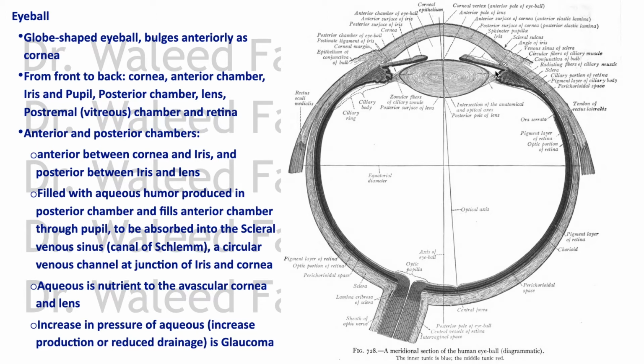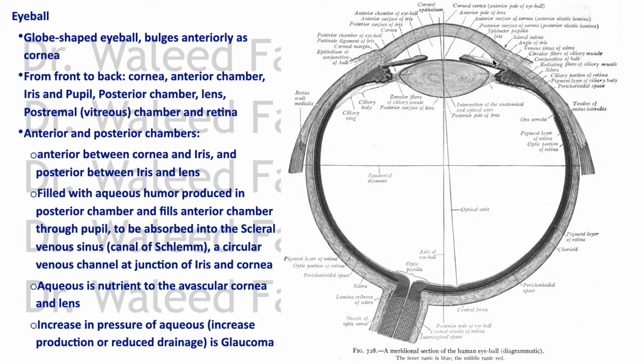It fills the posterior chamber and then fills the anterior chamber through the pupil, and it is drained by a venous system called the canal of Schlemm, or scleral venous sinus, at the angle between the cornea and the iris. So the production is in the posterior chamber and the drainage in the anterior chamber.